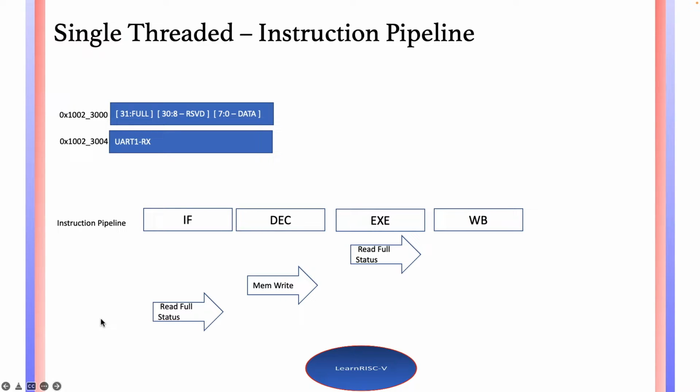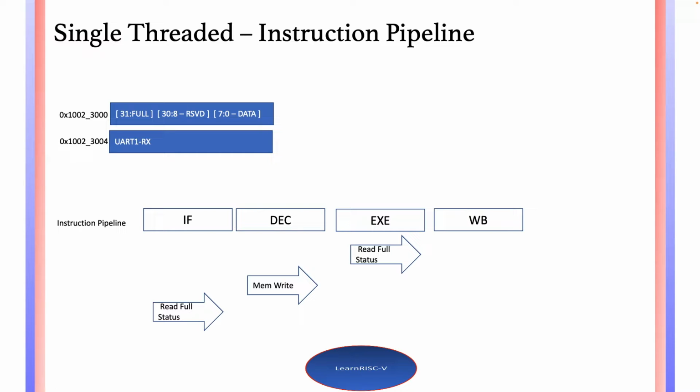And as you see, there is no way that this read full status or anything would go out of order, or I don't see any problem in this working. So this should fairly work.